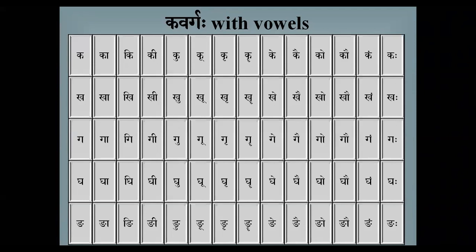Now the third letter, you can see ga, ga, gi, gi, gu, gu, gr, gr, ge, gai, go, gau, gam, gaha. You can see the vowel sign added to all the consonants. It is the same. So if you remember the vowel sign, you just have to put it on the consonant and bring the vowel sound.